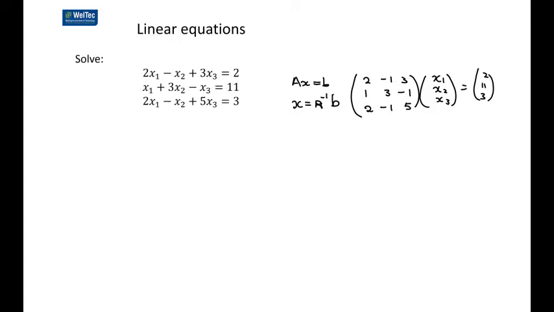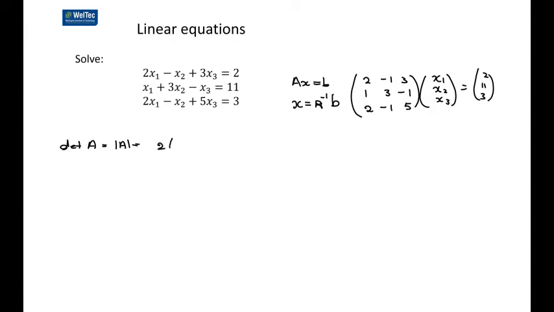Okay, so we need to start off by finding the inverse of A, which means we need to find the determinant of A. And remember, it doesn't matter which row you work on. So let's do the first row.